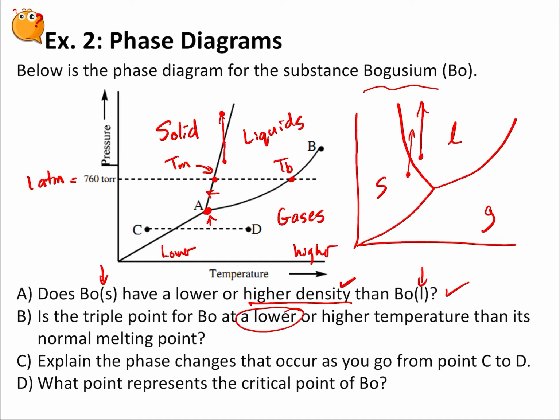C, explain the phase changes that occur as you go from point C to D. Well, you're going from a solid phase here into the gas phase here, and you cross one phase change right there. You go directly from the solid directly into the gas. So that would be sublimation.